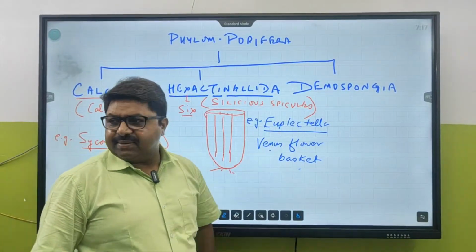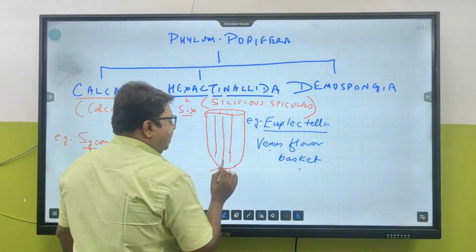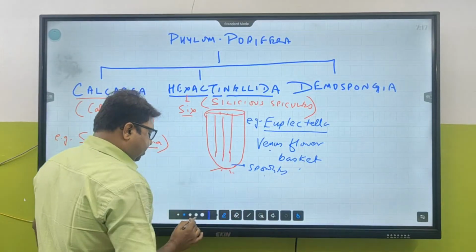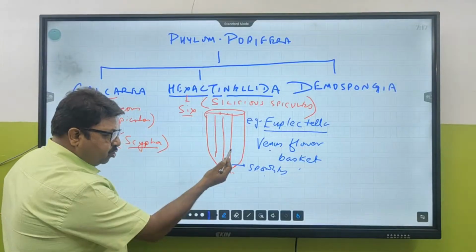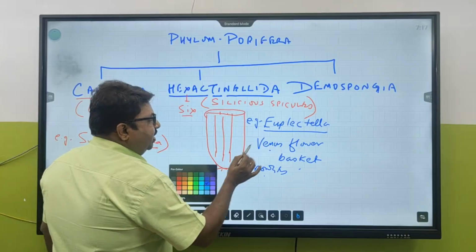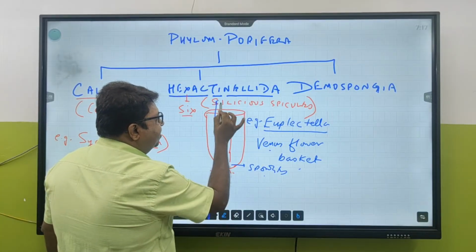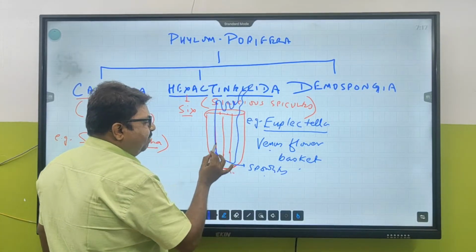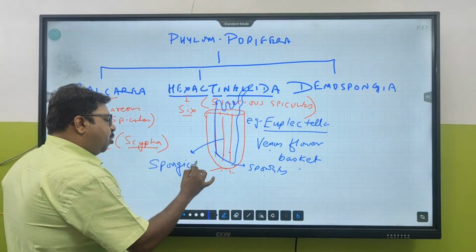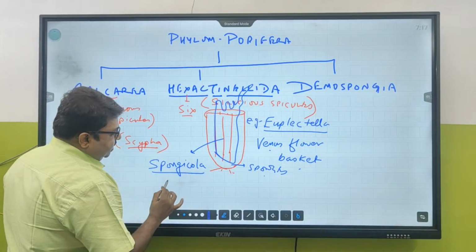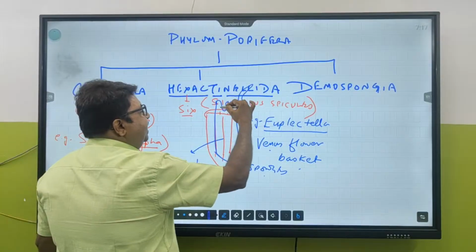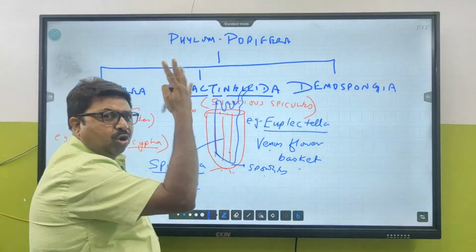This Euplectella is a sponge having a hollow structure inside, the spongocoel, and inside it you can see some shrimps are present. The name of the shrimp is Spongicola, and they keep their tentacles outside this hollow structure.